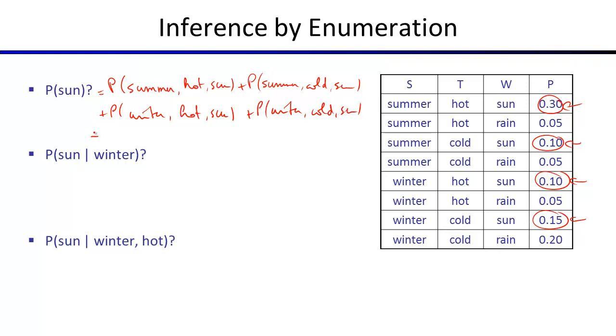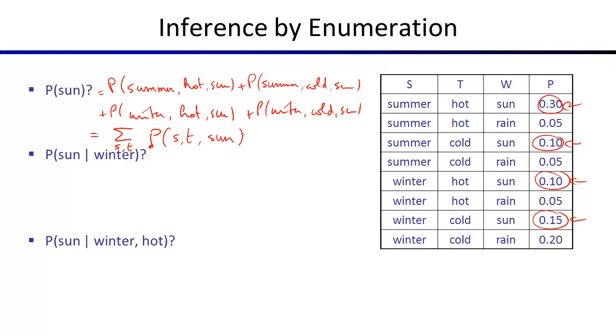And then just to get us into the notation that we'll be using a lot going forward, this is the sum over all values the season S can take on and all values the temperature T can take on of the probability of S, comma, T, comma, sun.